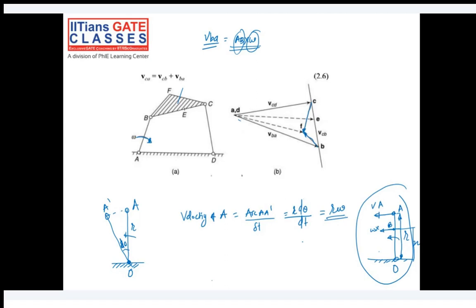You get this point by drawing a line perpendicular to BF and another perpendicular to FC. I'll use the red pen here for the BF vector, and the green line for the FC vector. You'll get point F, and that will be the velocity of point F with respect to points A and B, because you want it with respect to a fixed point. That is the reason behind it.